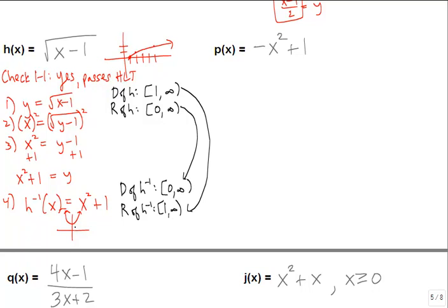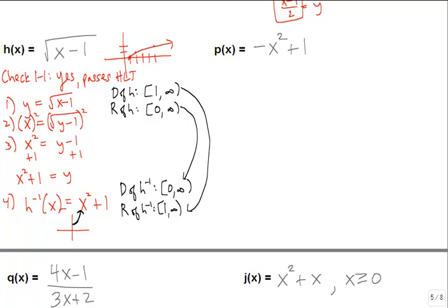Let's revise our picture here. Instead of using the entire parabola, we're only supposed to use the part that has a domain of 0 to infinity, which is just the positive x's. So the only part of this parabola that we're allowed to use is this right half, and I'm going to go ahead and erase this other half.